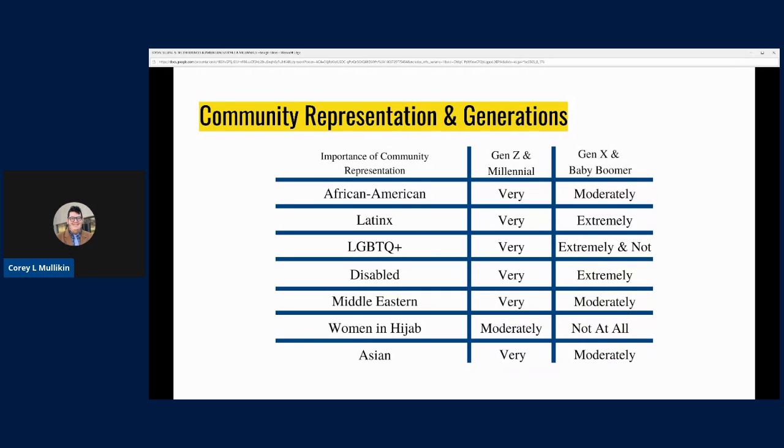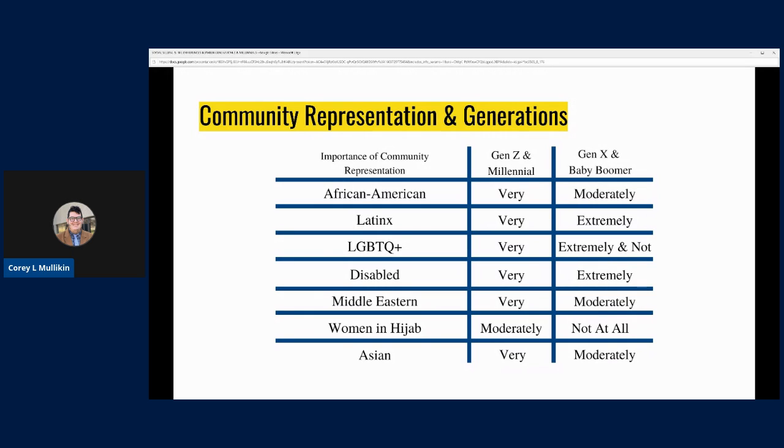There was not the best treatment after 9/11 with Muslims in particular, so it's still something we're seeing emerge. But when we go to Gen X, we see that it's not so straight line. African American, it's moderate that they're represented, but extremely that the Latinx community is.